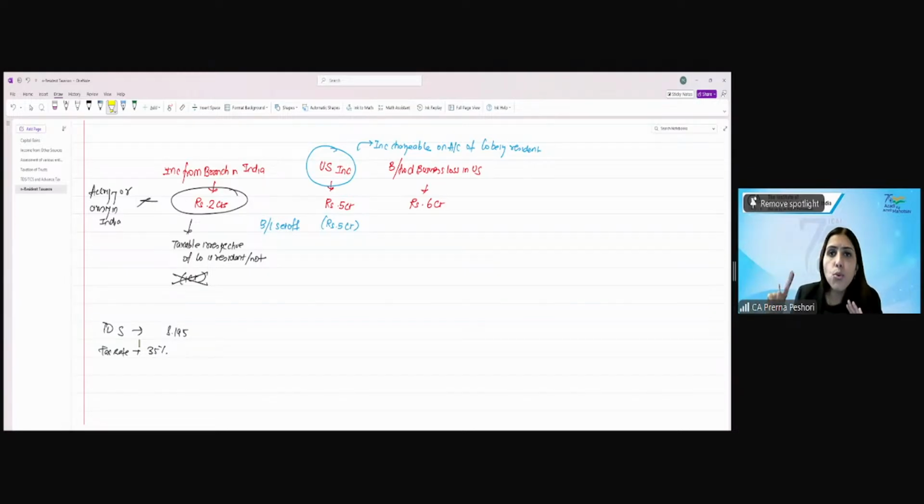The 22, 25, 30 or 15 is applicable to a domestic company, not to a resident company. Now, did you understand the distinction correctly? Yes, ma'am. Even when you become the resident in India, the tax rate applicable will be 35%.